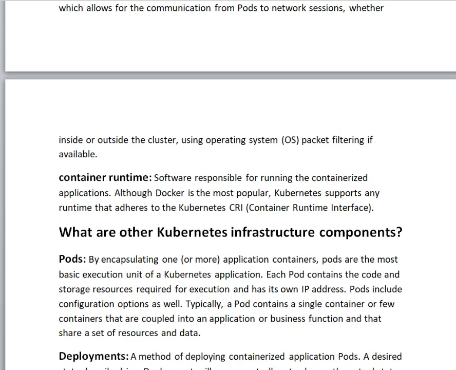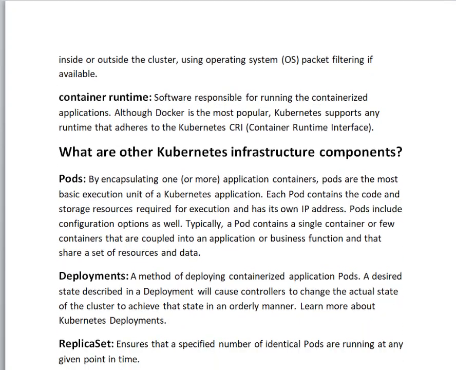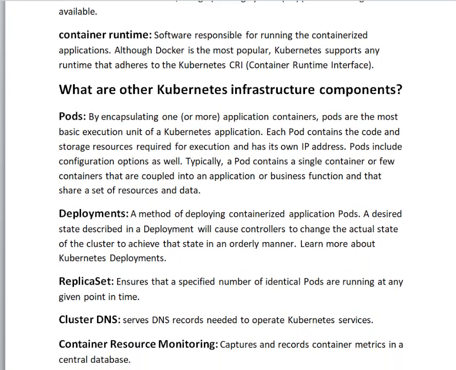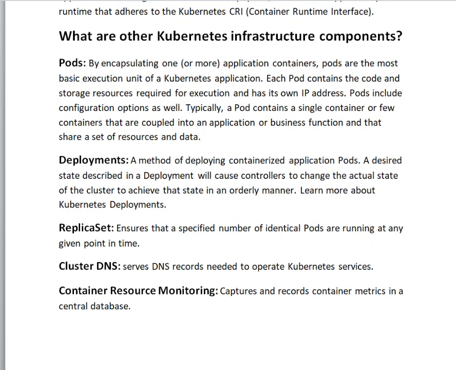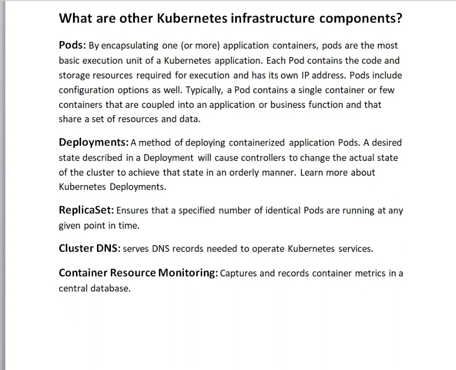What are the other Kubernetes infrastructure components? The components are pods, deployment, replica set, cluster DNS, and container resource monitoring. As we learned previously, what are pods?